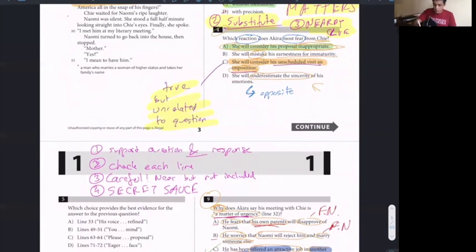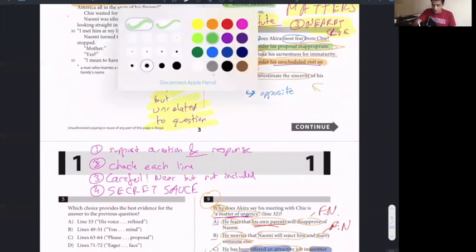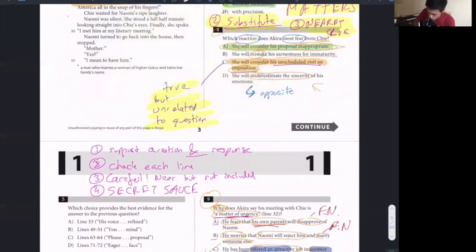Okay, so question 4, if we remember from last time, when we did keyword analysis, we're looking for which reaction does Akira most fear? And the right answer was A. So the reaction that Akira most fears is that she, who's Chi, will consider the proposal inappropriate. That's the reaction he most fears.